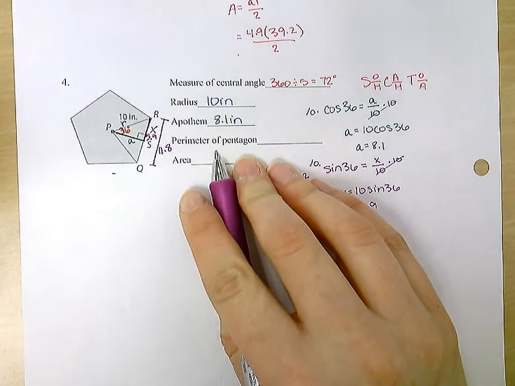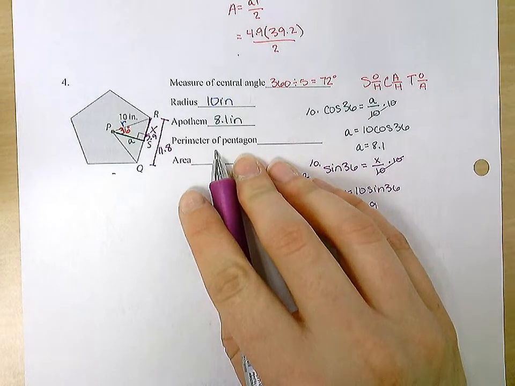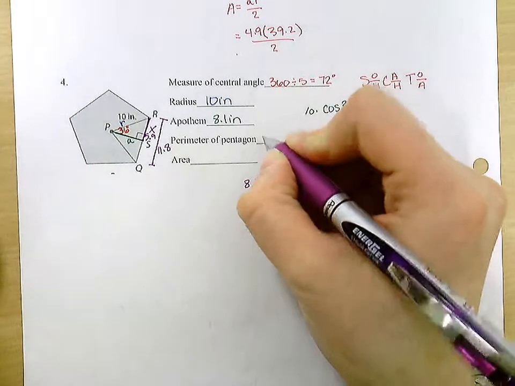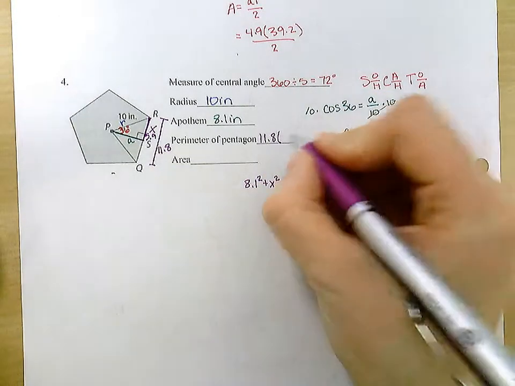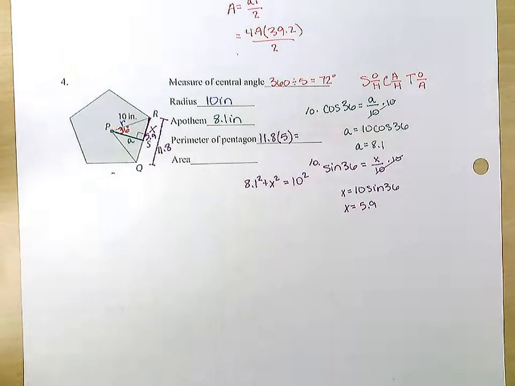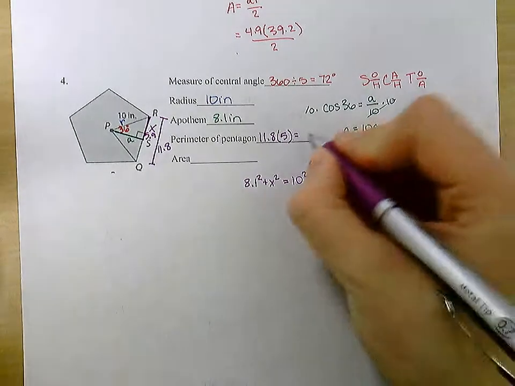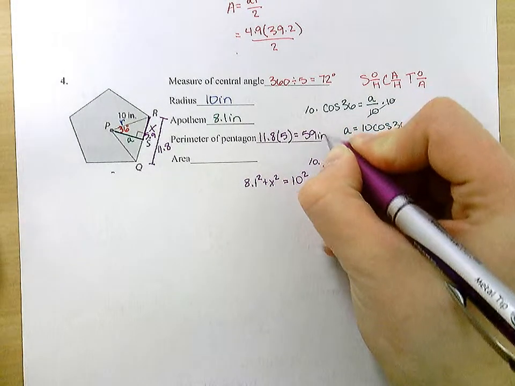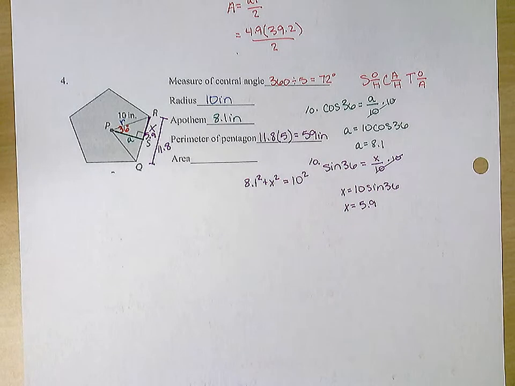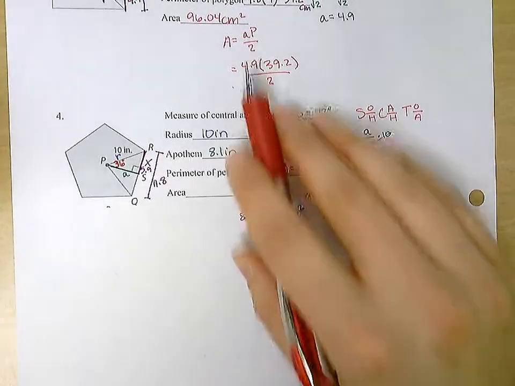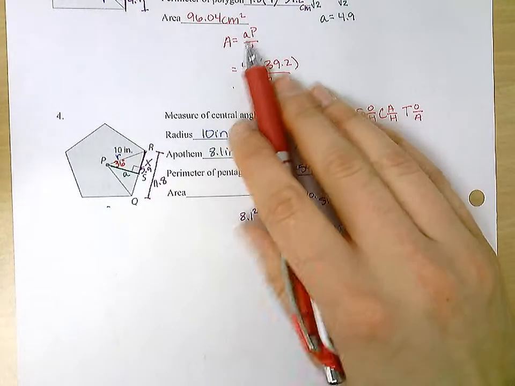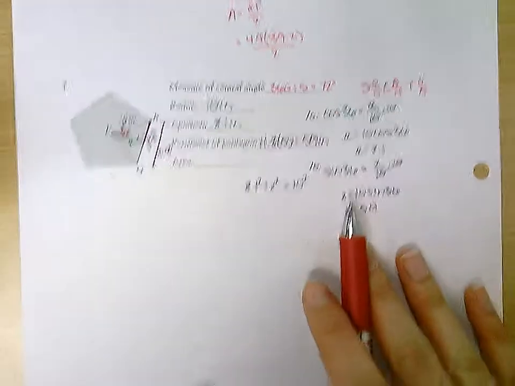So that we can find the perimeter of our polygon. We have 11.8 times our number of sides, which is 5. That's 59. Then finding our area, again using this formula here, we now have the apothem and the perimeter.